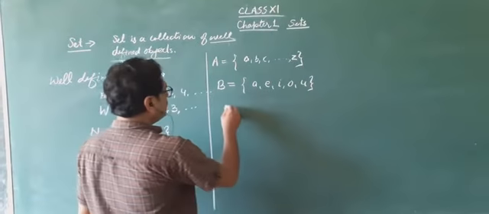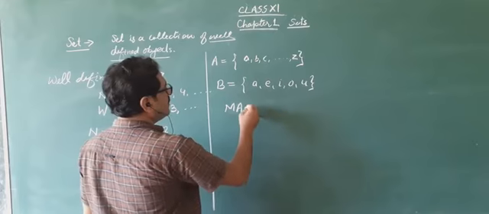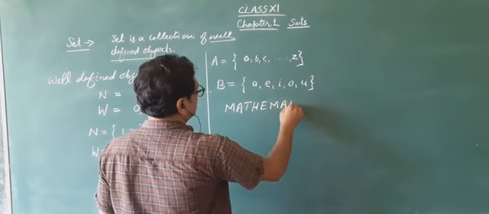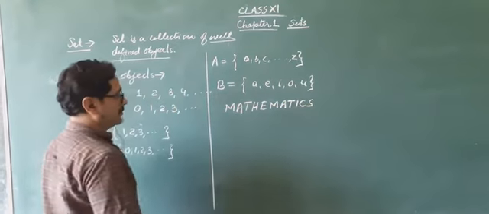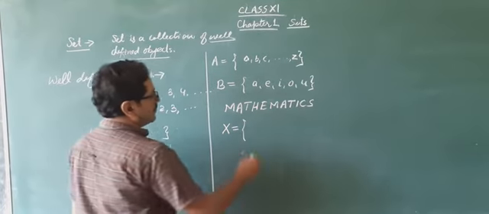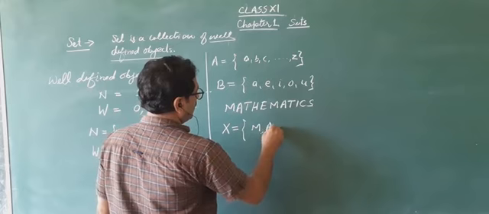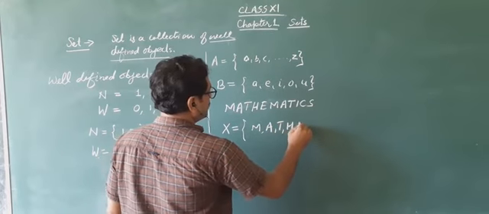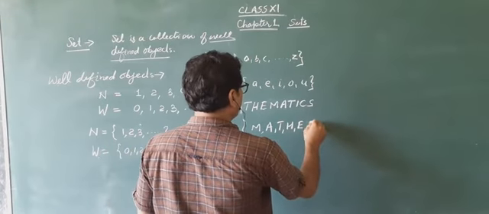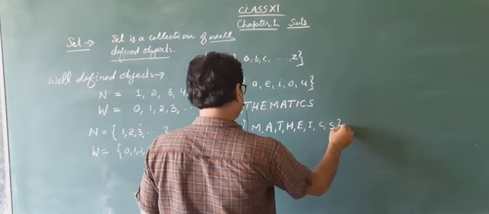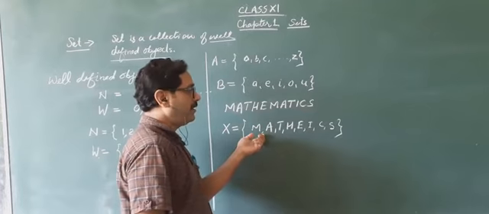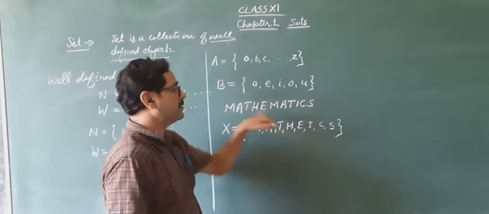Suppose that the word is mathematics, and this is X. So M, A, T, H, E, M, A, T, I, C, S. X is a set of letters of the word mathematics.